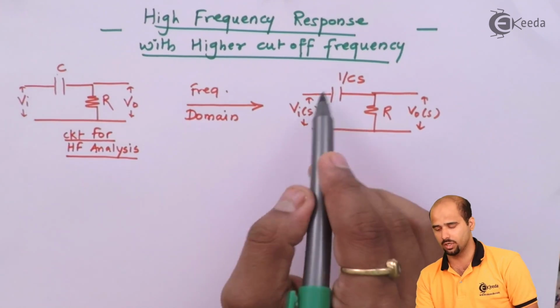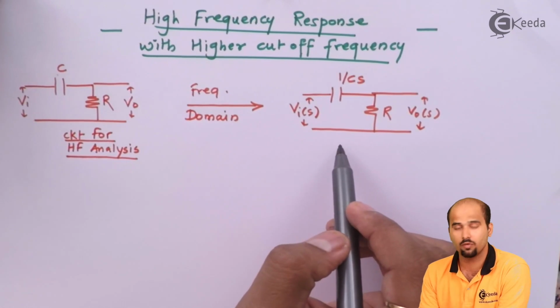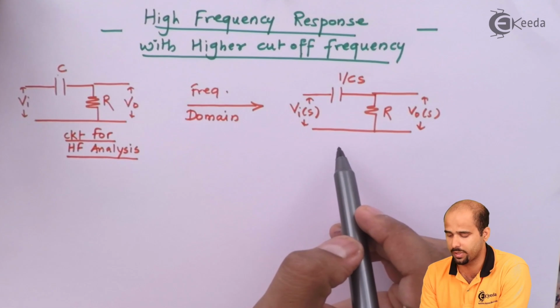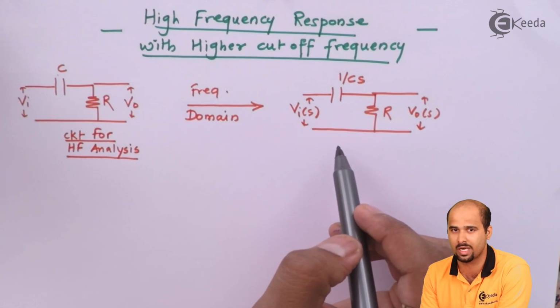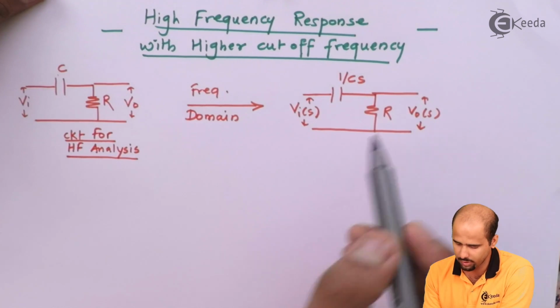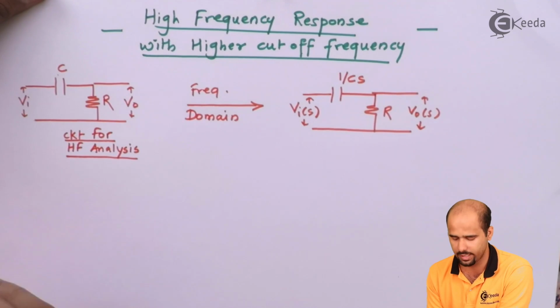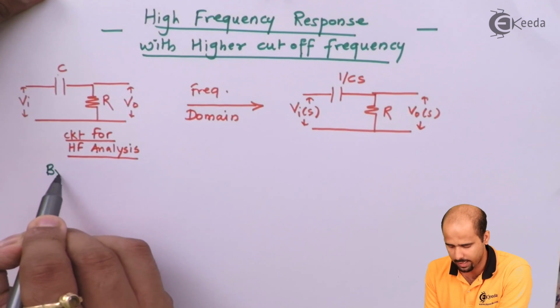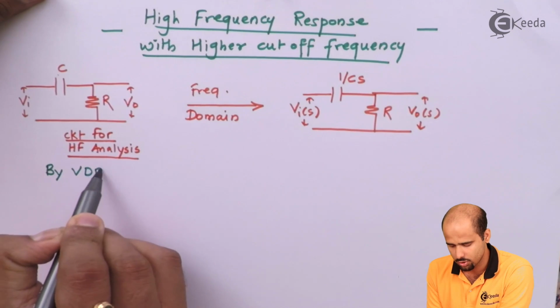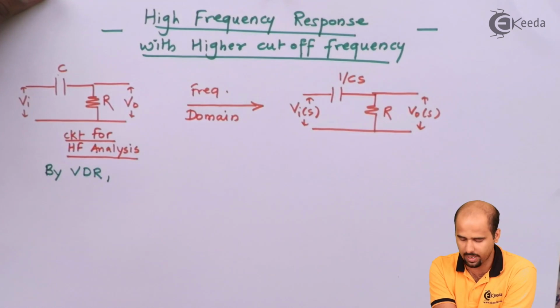First of all, we have learned that this is the frequency domain circuit for my high frequency response with higher cutoff frequency. Now we will learn how to get the gain first. We will get this gain by applying VDR.